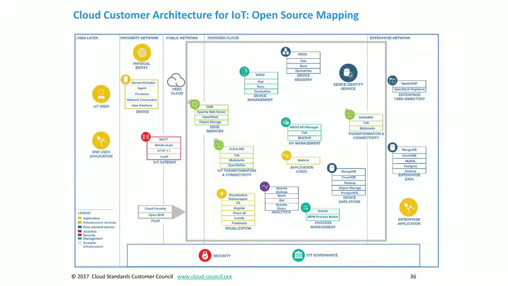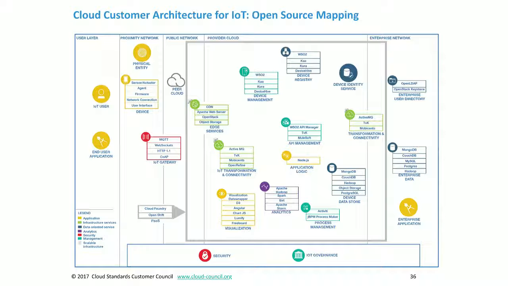For IoT transformation and connectivity: ActiveMQ, Tyk, MoveSense, and OpenRefine. These are some of the IoT transformation and connectivity open sources we recommend. Last there is visualization: Datawrapper, D3, Angular, Chart.js, Lumify, and Freeboard.